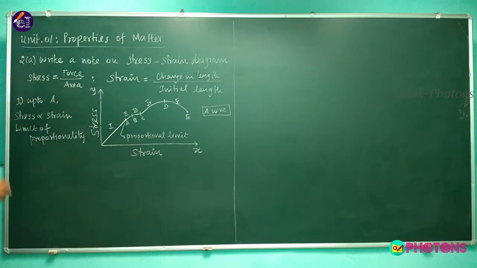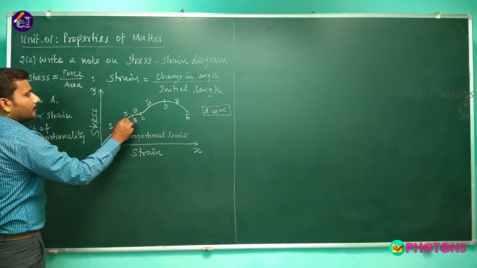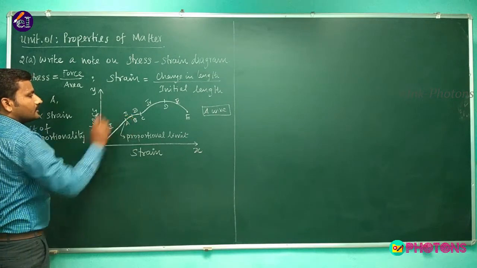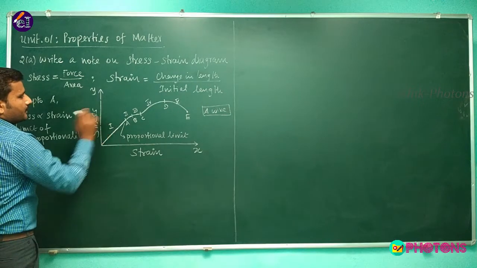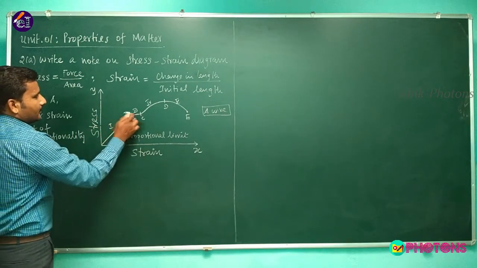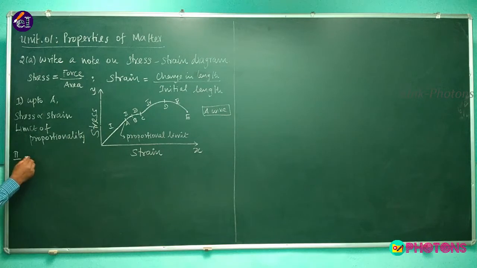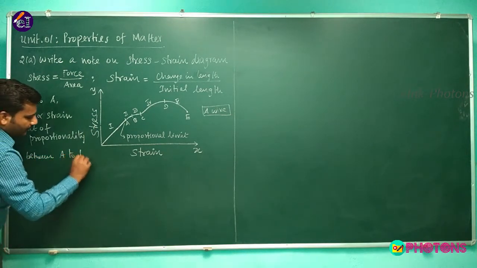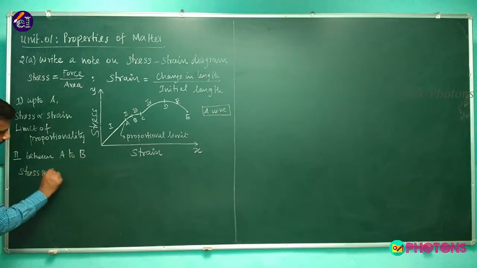From point A to point B, this curve is no longer linear. For a small amount of applied stress, there is a rapid increase in strain. In segment 2, between points A and B, stress and strain are non-linear.